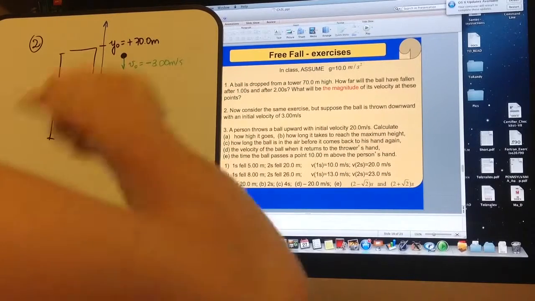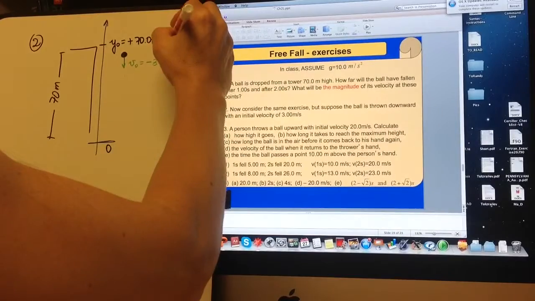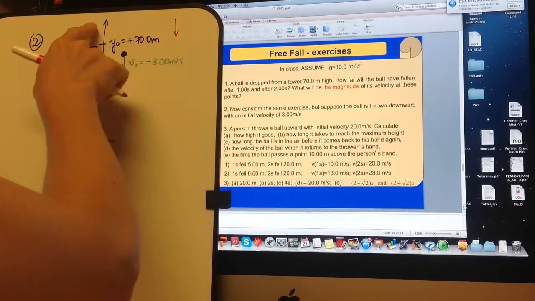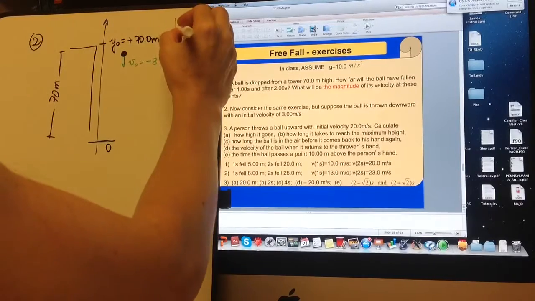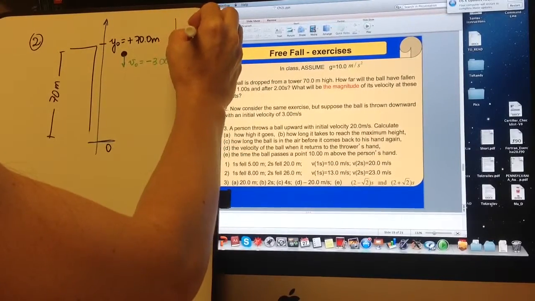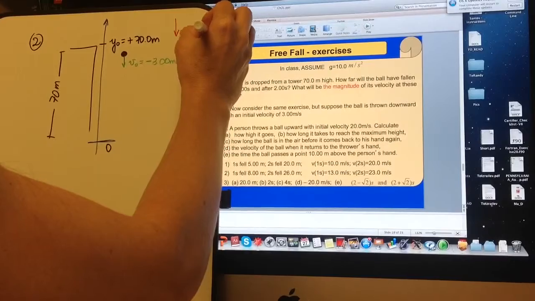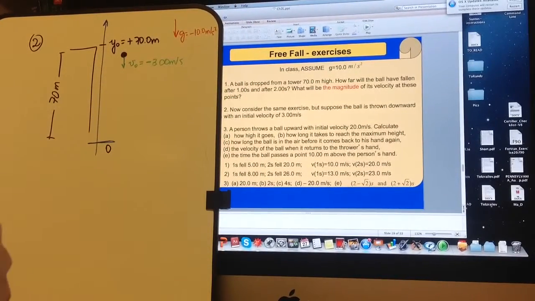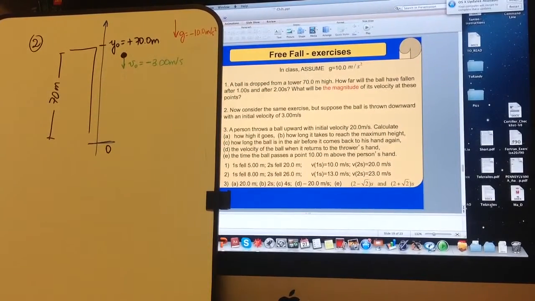The acceleration is always pointing down. And my frame, I chose it up. That means my acceleration is opposite to my frame. So my acceleration now is minus 10 meters per second squared. Okay? So we just have to be careful with these signs because of this choice of reference frame, but everything at the end will work similarly.